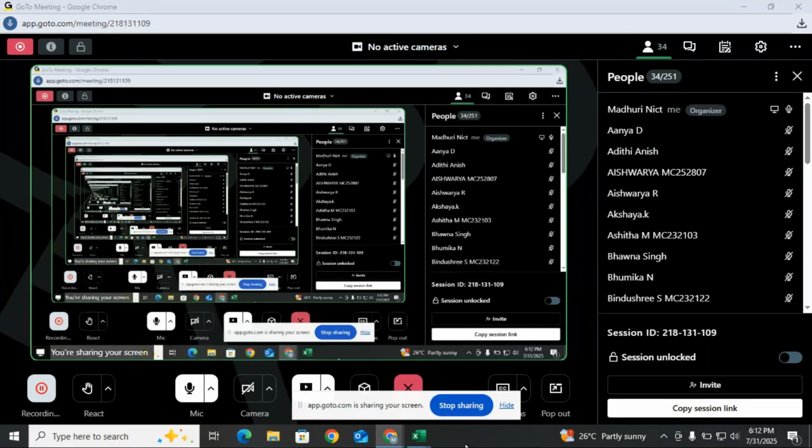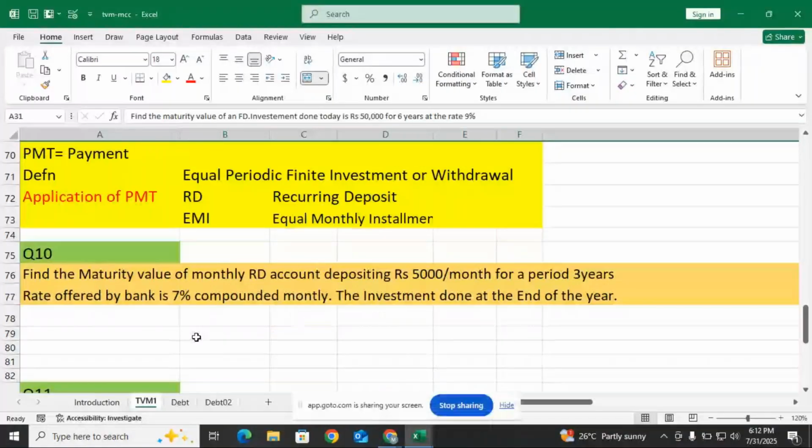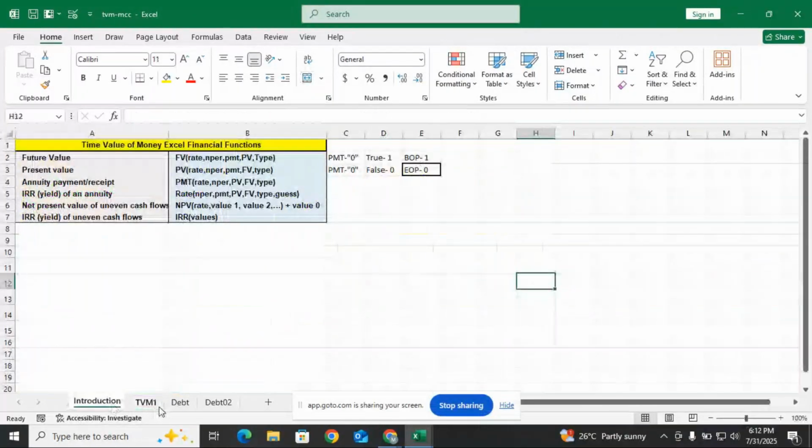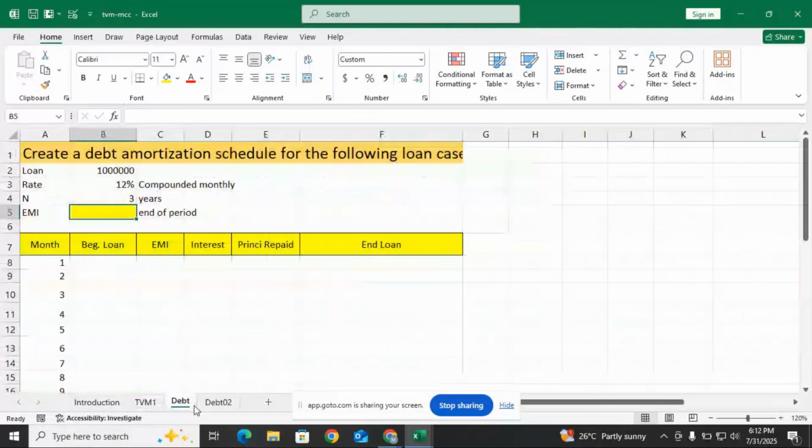So open that same file which you had opened yesterday for TVM, time value of money. Here, the first sheet is introduction, the second sheet is TVM1, and the third sheet is debt.